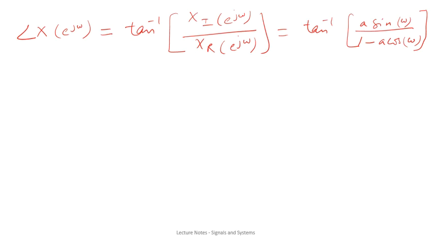Now for different values of a, the plots of both the magnitude as well as the phase spectrum will be different. So let's suppose first I will try to plot it for the values of a in between 0 and 1.